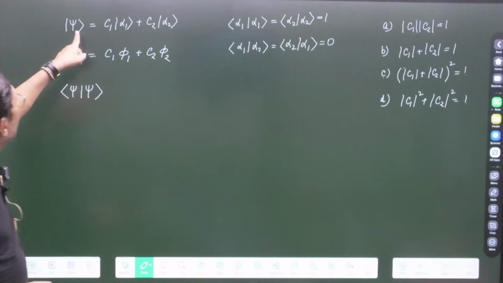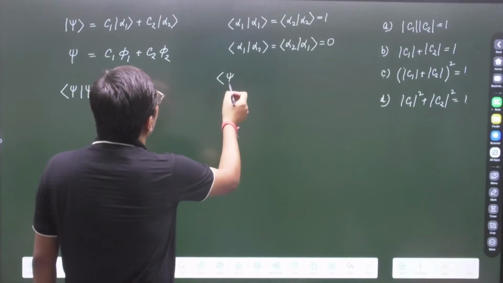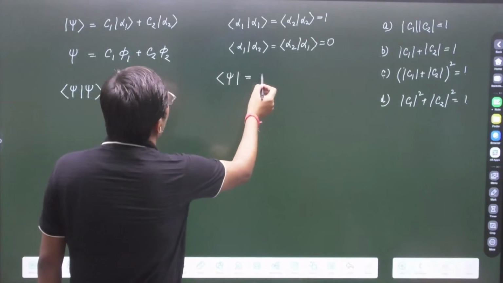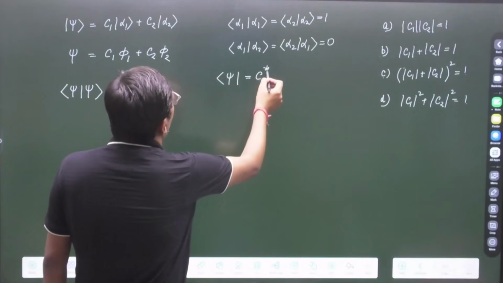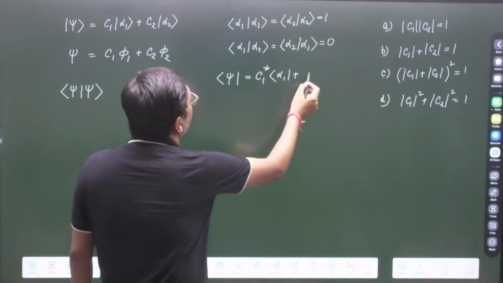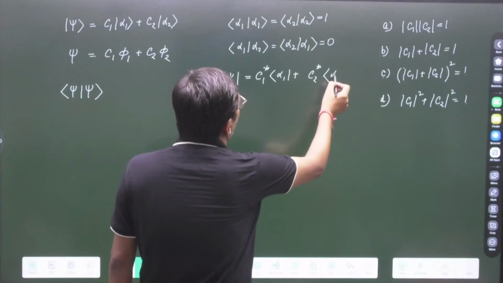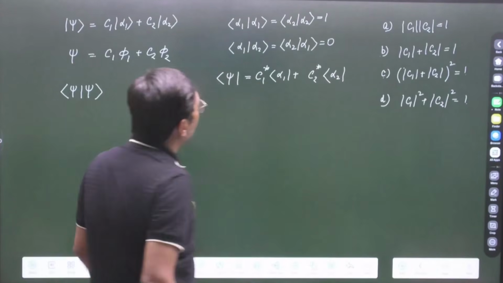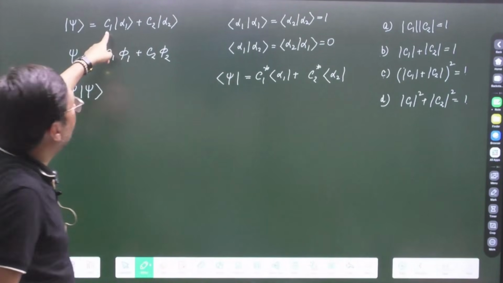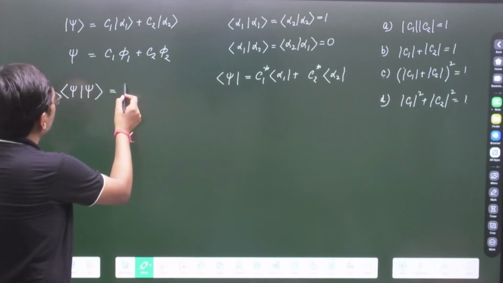So what will be its bra vector? That will be psi. It will be like this: C1 star and alpha 1 plus C2 star, alpha 2. So the first one acting over the first one gives C1 star C1, so this will be C1 square.